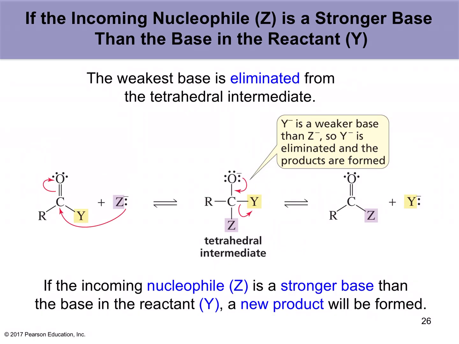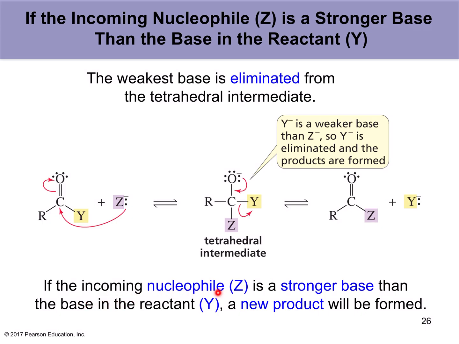If the incoming nucleophile is a stronger base than the base in the reactant Y, what's going to happen? Again, Z will add to the carbonyl carbon and form the tetrahedral intermediate, but Y is weaker compared to Z, so then Y will eliminate and we will get the substituted product.